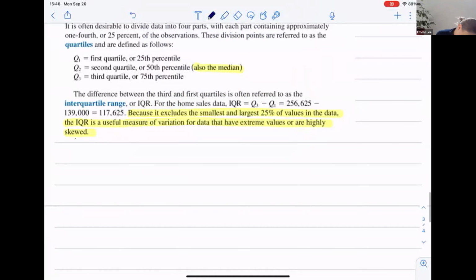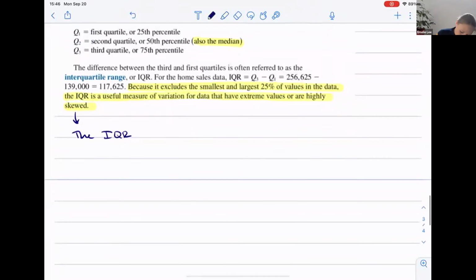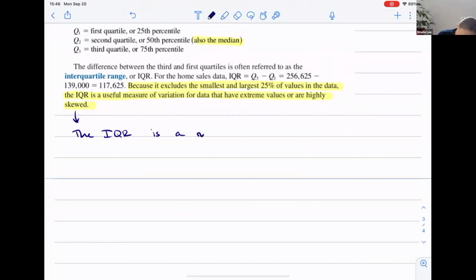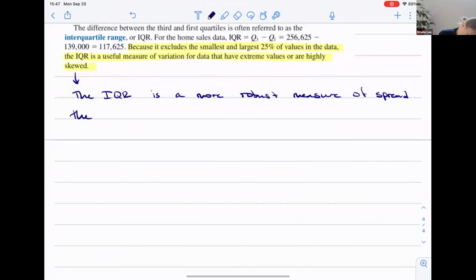The interquartile range is a more robust measure of spread than the standard deviation for skewed data.